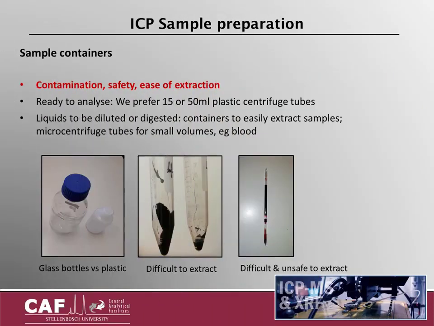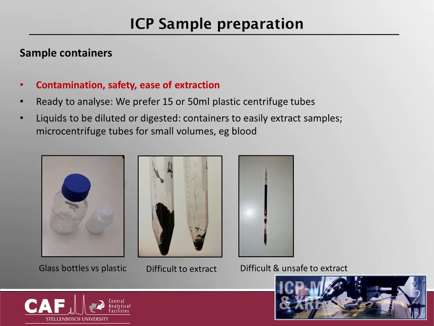When you want to send your collected or prepared sample to the lab for analysis, it's important that you choose the right type of container so that you don't introduce any contamination, that your samples are safe to transport, and that it's easy for us to extract the sample for any processing that we need to do.